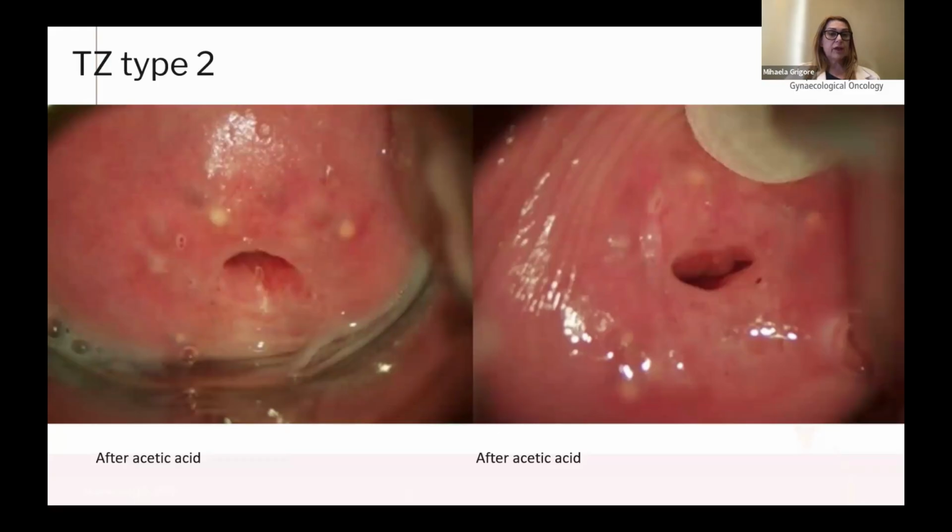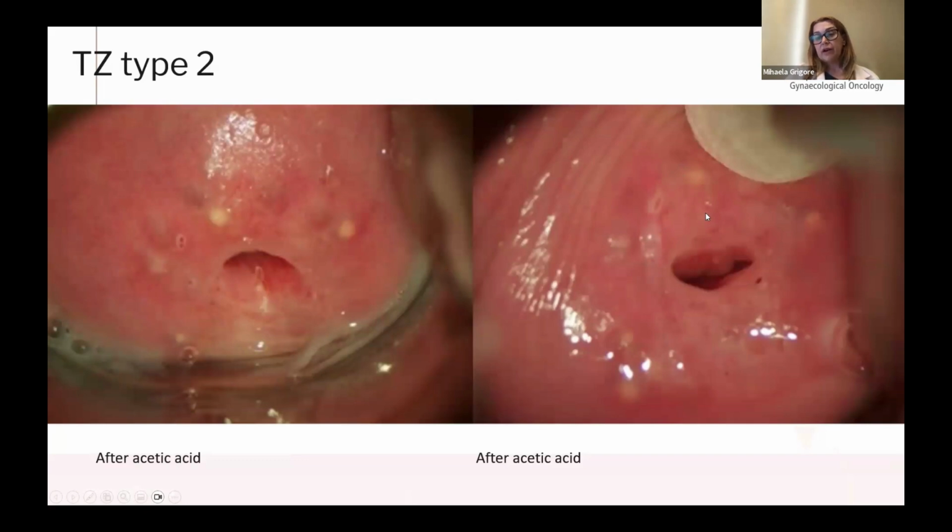This is an example of a type 2 transformation zone, and look, both images are after we applied acetic acid. In the image on the left, we see the new squamocolumnar junction, but we don't see it completely.